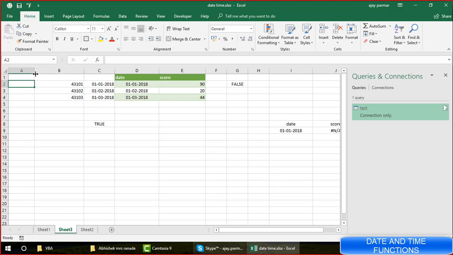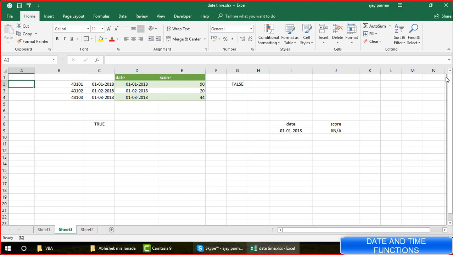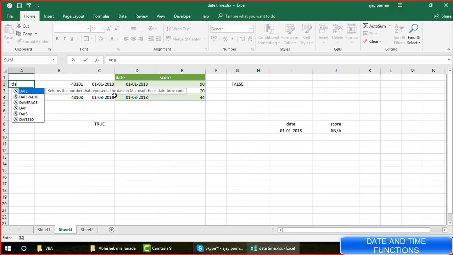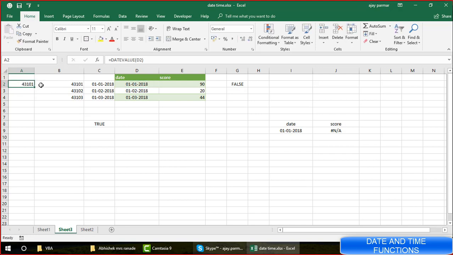Another formula you should know is called DATEVALUE. This is a date function. What DATEVALUE does is, if the date is stored as text, it converts it back to a number. Look at this. But if you use this function on a date which is already a number, you will have a problem.